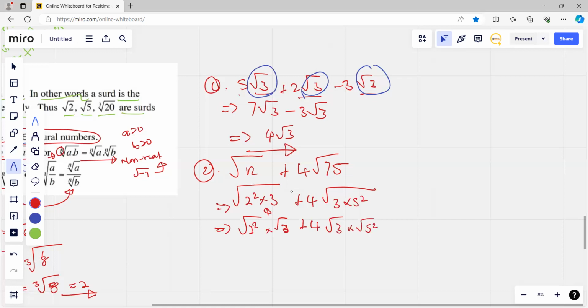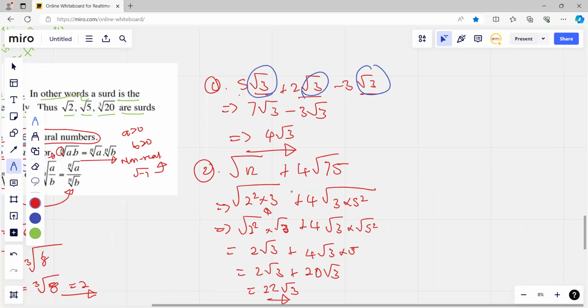Here is going to be equal to 2 root of 3 plus 4 root of 3 multiplied by 5, which equals 2 root of 3 plus 4 multiplied by 5, which is 20 root of 3. Then this is equivalent to 22 root of 3. You see, that is how we solve this kind of problems.